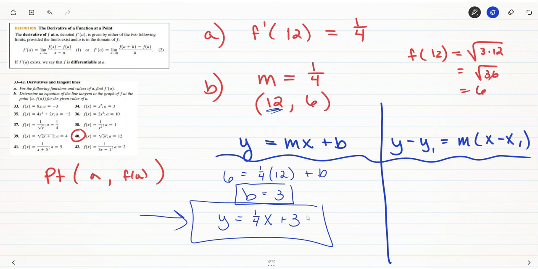The other format, and these are equal, either one will work, is y minus y1. So our y is going to be 6 equals m times x minus x1, so x minus 12.